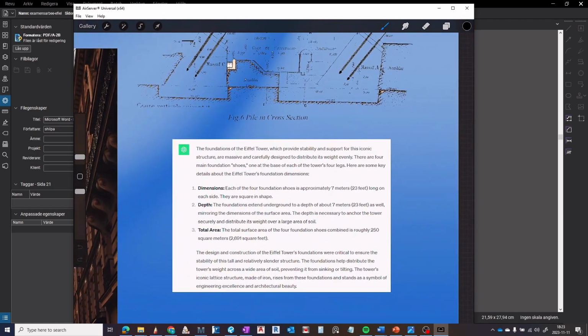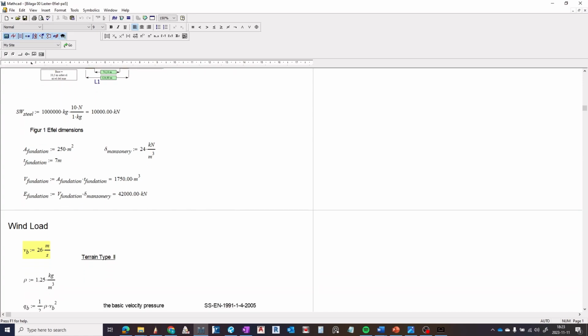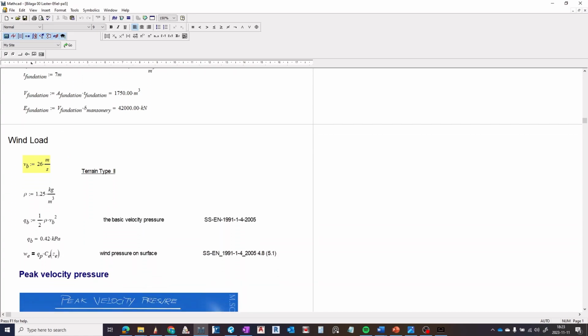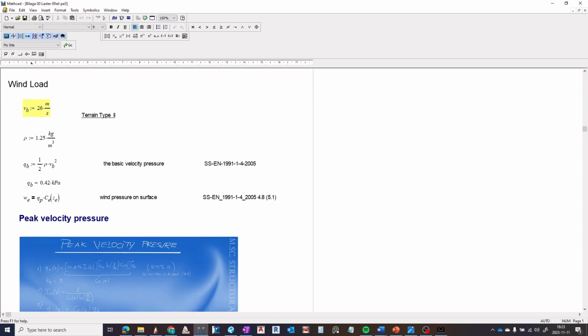All right, to the wind load, of course. The wind load information I take as well from ChatGPT, and the basic velocity pressure from the Eurocode.